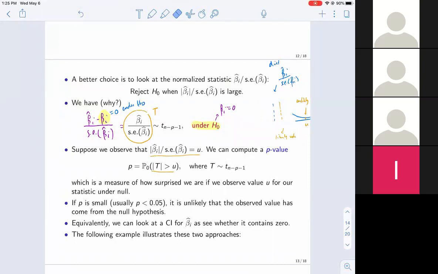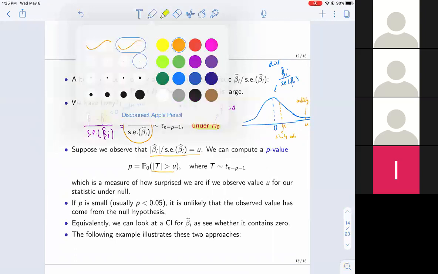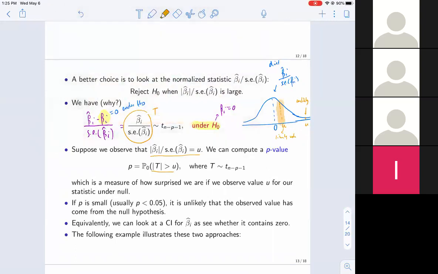If this is not small, I'm somewhere here, then I do not reject. So what this is saying is to go and see. This notation here means under the null. So we look at the distribution of T under the null and evaluate this event.